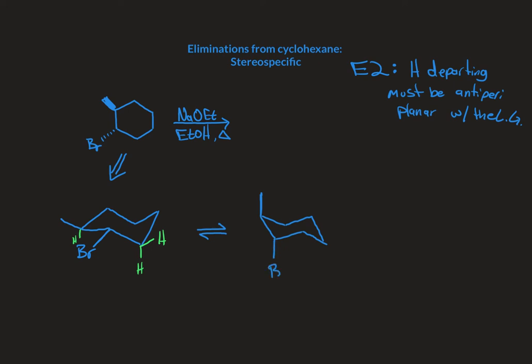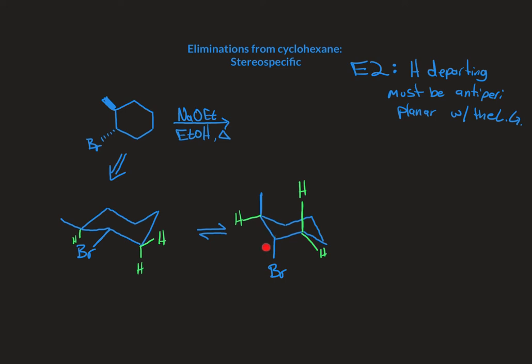My bromine goes axial down. This hydrogen is now equatorial. There's a hydrogen that's axial up, and there's a hydrogen that is equatorial down on this carbon. This hydrogen is equatorial. It is not antiperiplanar to this bromine.